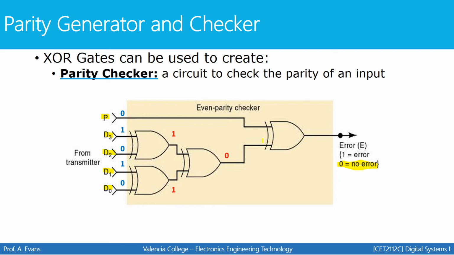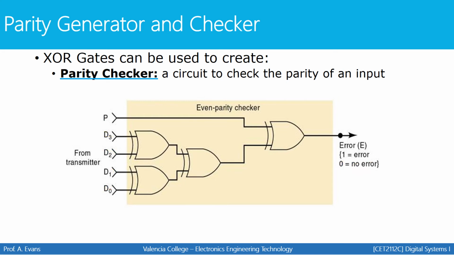And this 0 goes into the final XOR gate with the parity bit, which was 0. These are the same level, so the output here will be a 0, letting us know that there's no error in the message. So this circuit can very easily check your parity for a message and determine if something might be wrong.